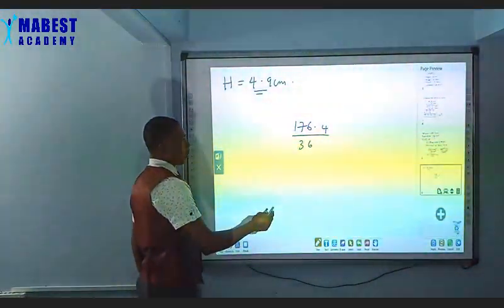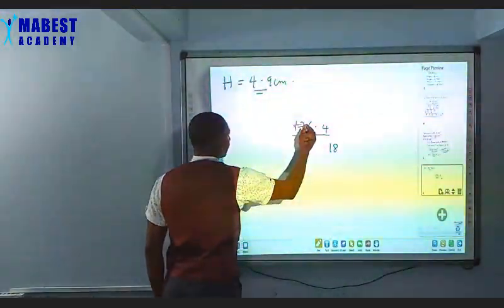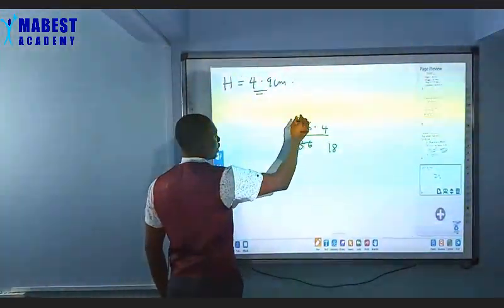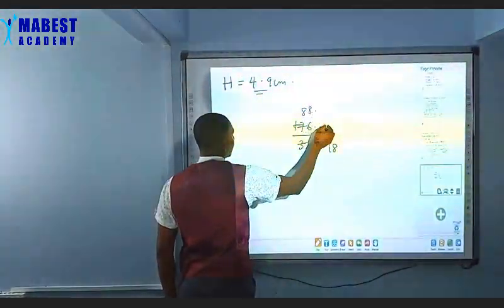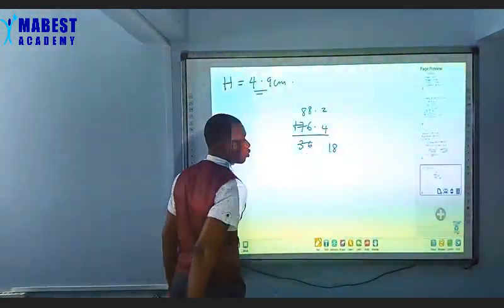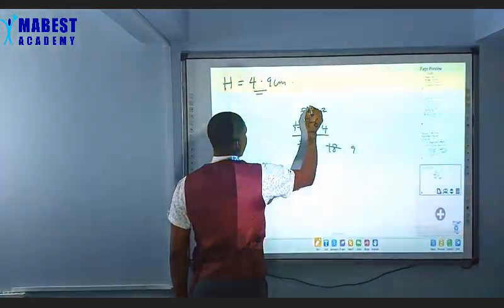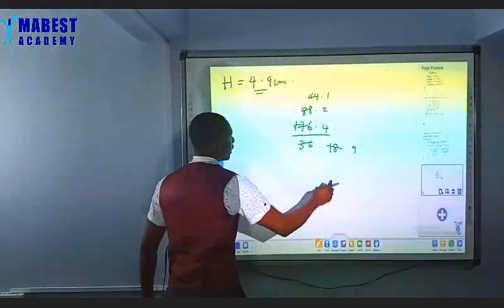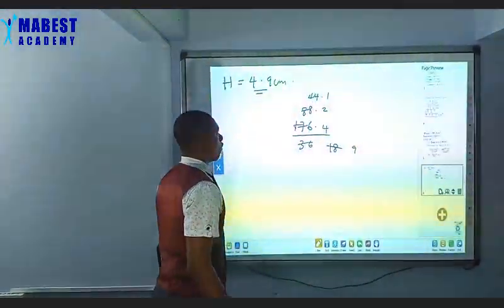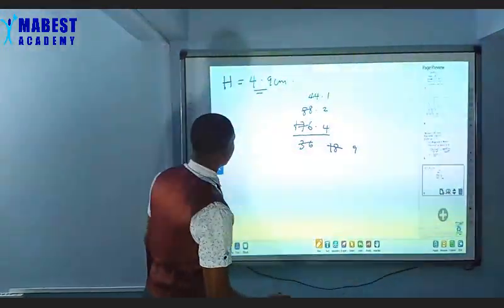If you divide 2 by 2, this will give you 18. Divide 17 by 2, what will you have? You have 8. You keep 1. In 16, you have 8. In 4, you have 2. Divide 2 by 2 again, you have 9. Here you have 4.1. So how many times will 9 go in 44? That is 4 times, which will give you 36.